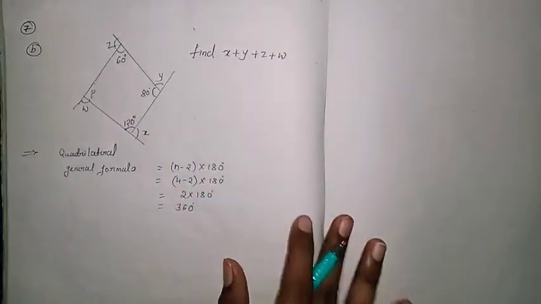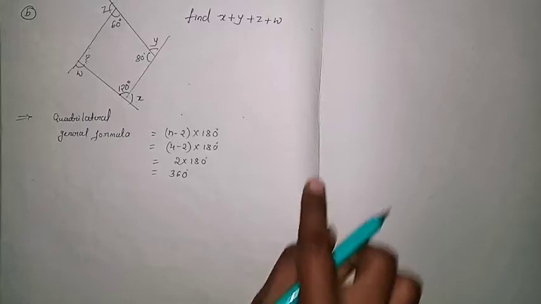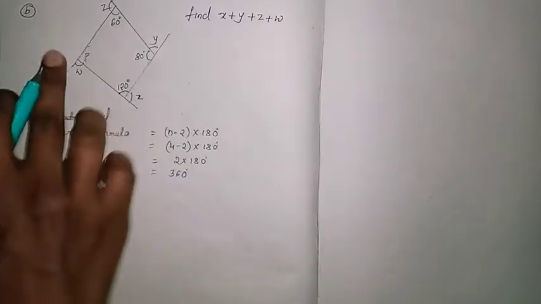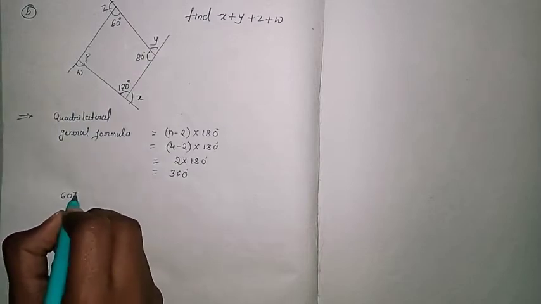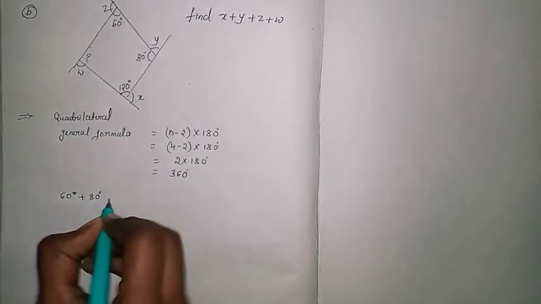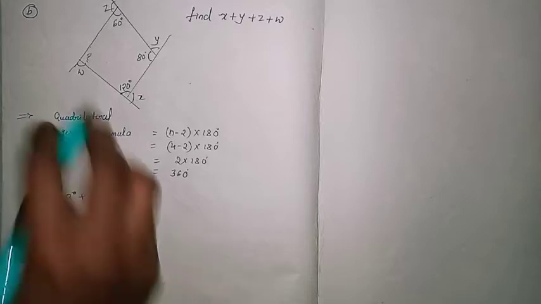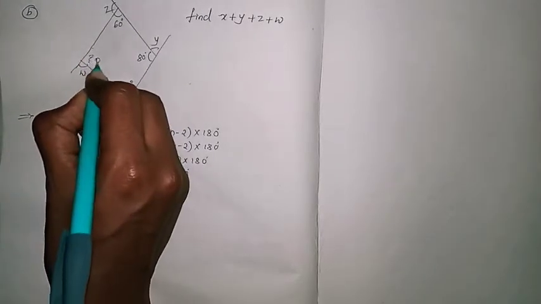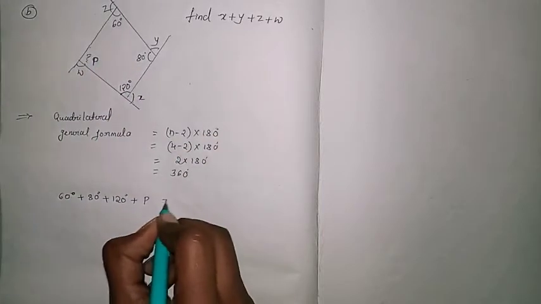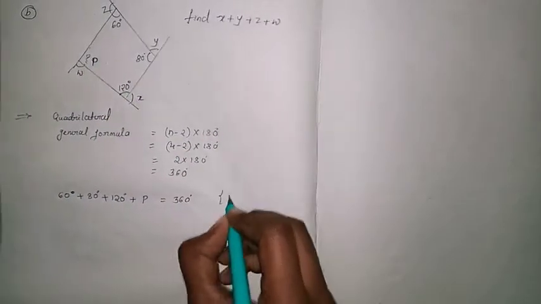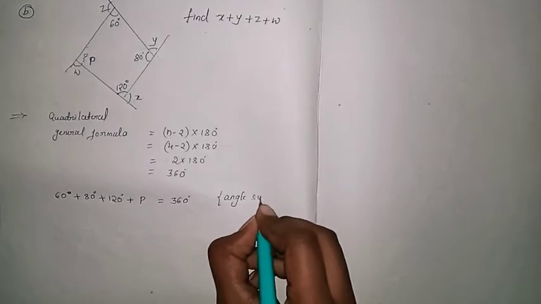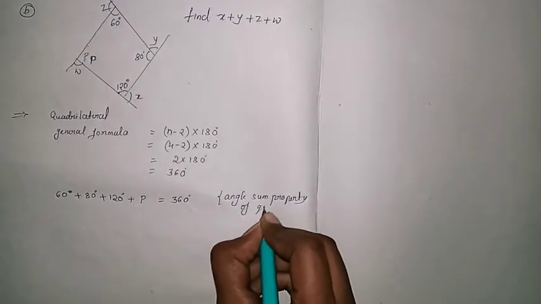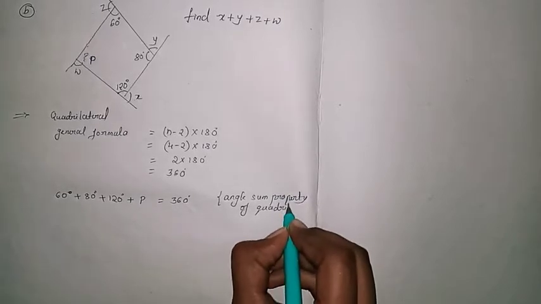So this we can apply here. Directly you can even solve, but you have to write the reason in the bracket: the angle sum property of a quadrilateral. Okay. So what they have given: 60 degree plus 80 degree plus 120 degree, and another angle we don't know. This one we will consider as P, which is equal to 360 degree, because of the angle sum property of a quadrilateral, as it has 4 sides.